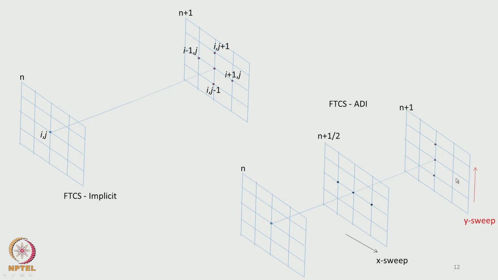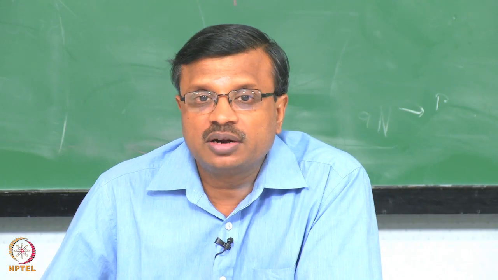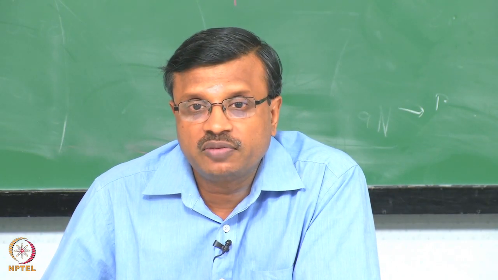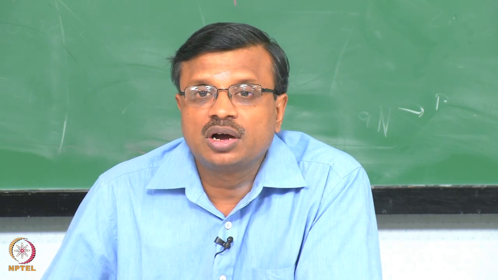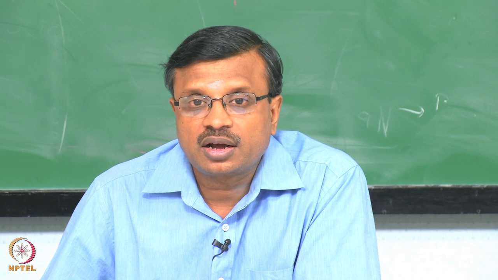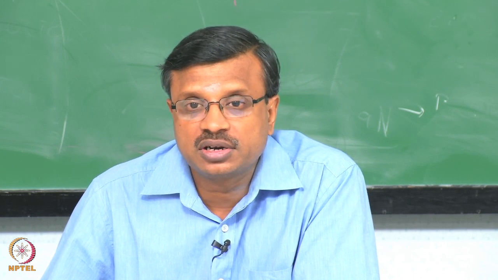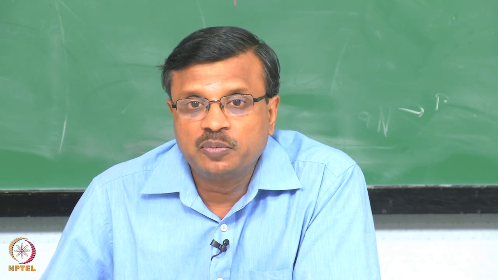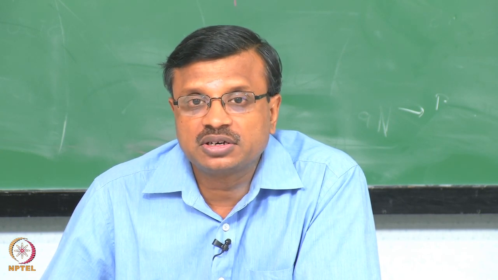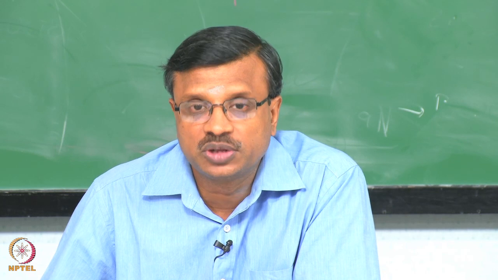So, in today's class we particularly looked at how to do different finite difference schemes, how to improve order of accuracy, how to get conditionally stable and unconditionally stable schemes, and a very important topic, alternating direction implicit, and the advantage associated with that.